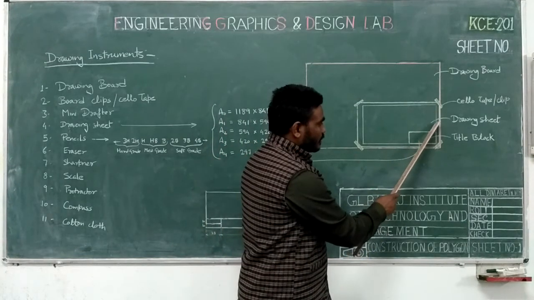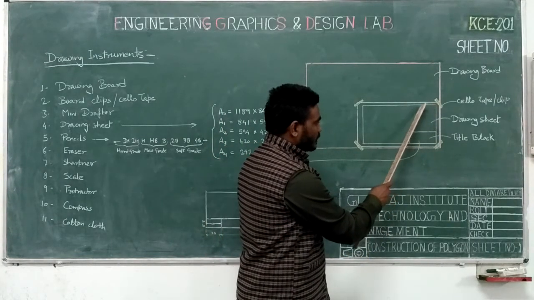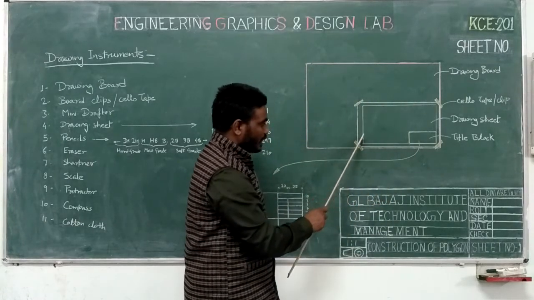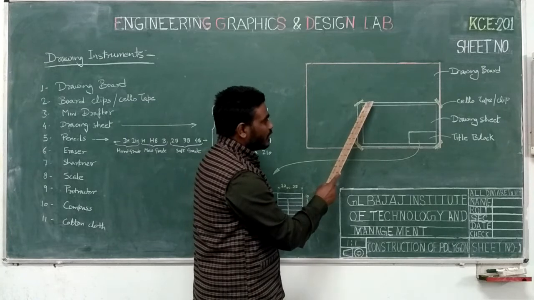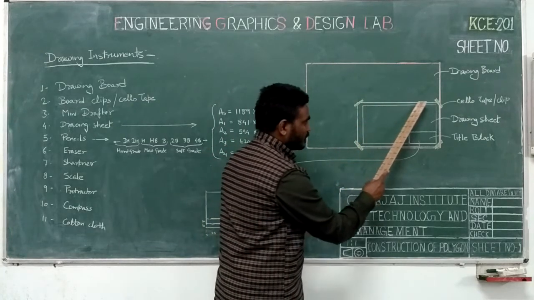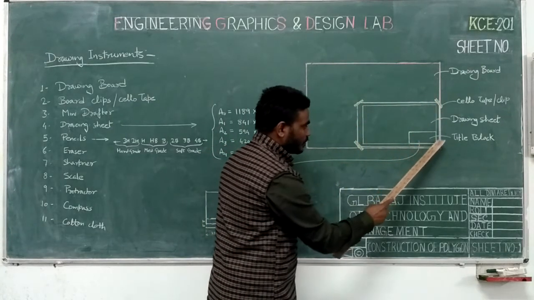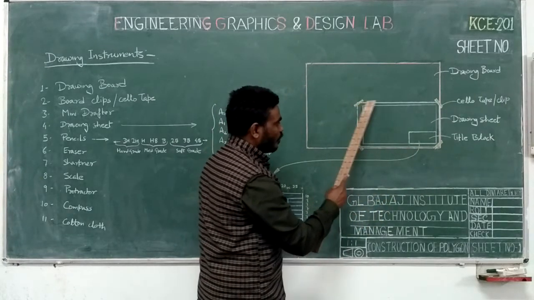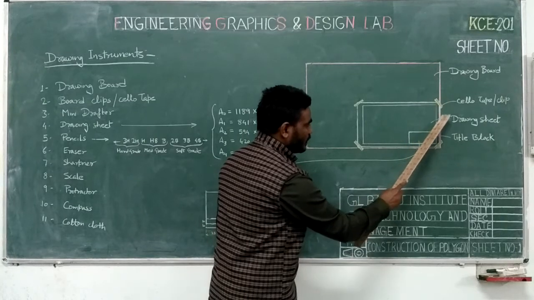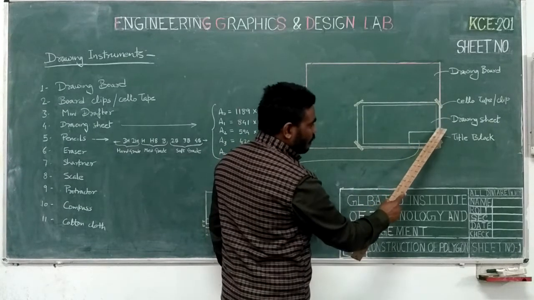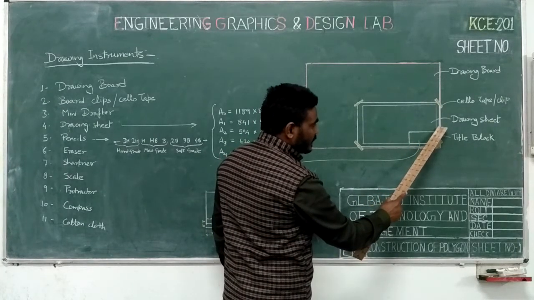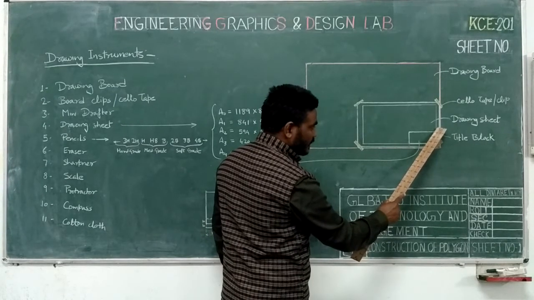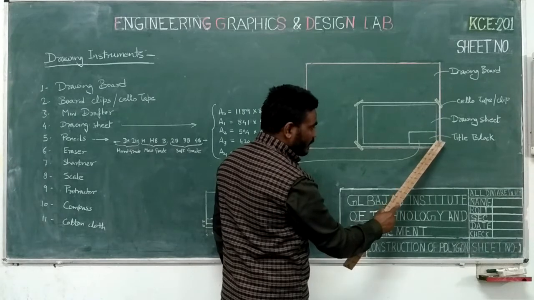This is the border line, this is the border line, this is the border line, and this upper one is the edge of the drawing sheet, which is placed at the right bottom corner of the drawing board. From the right edge of the sheet, we will take a 10 mm gap and draw this line.